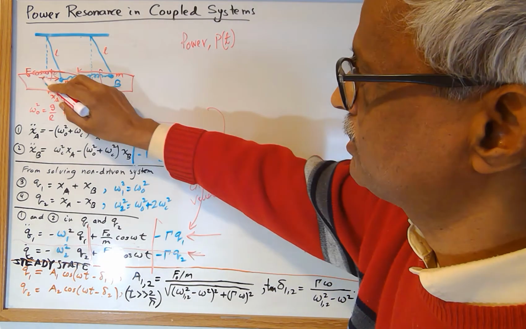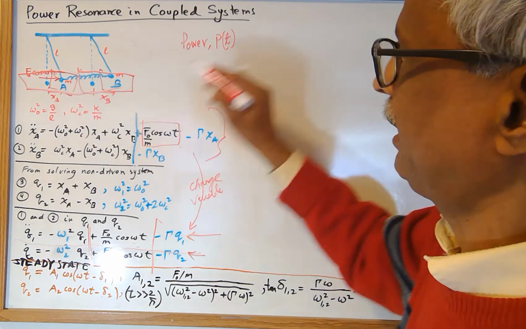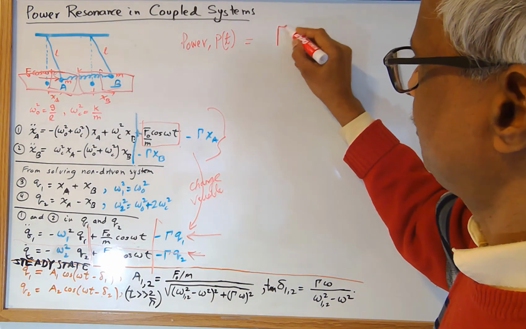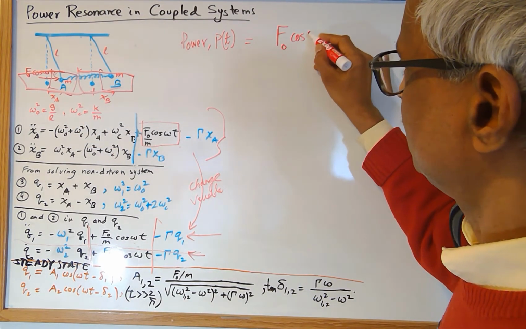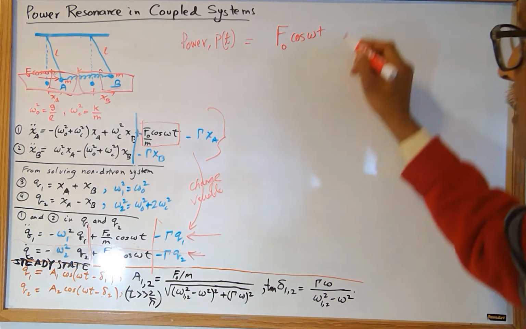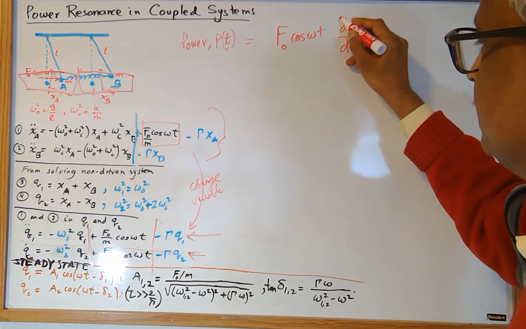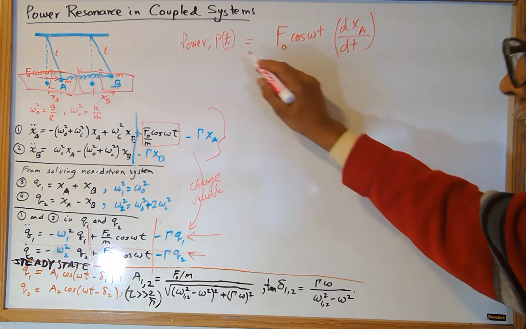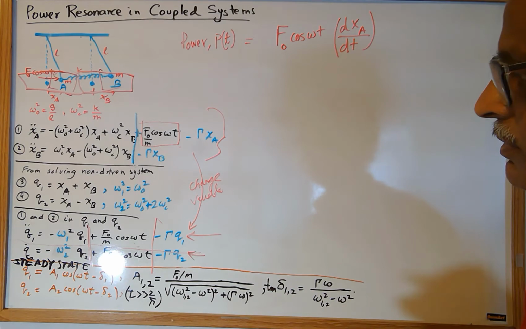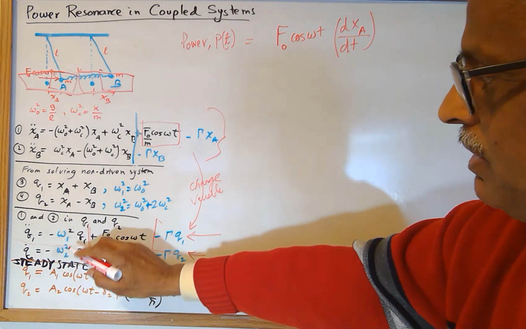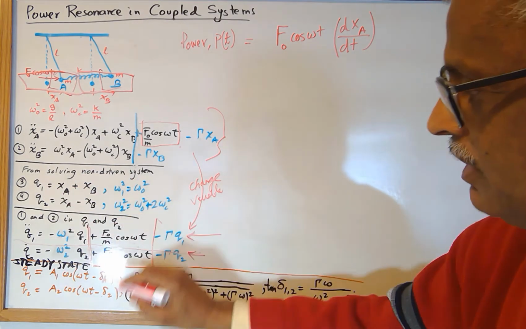So I have a force F0 acting on A. So force F0 cosine omega t times dxA/dt. So this is the instantaneous power. So xA is basically Q1 plus Q2 divided by 2.